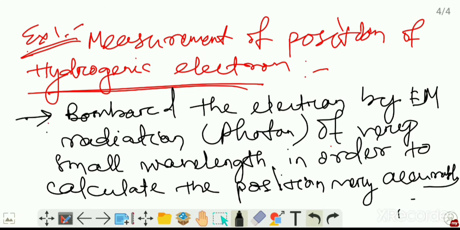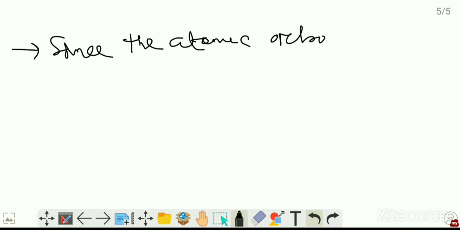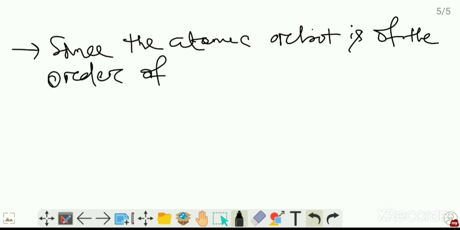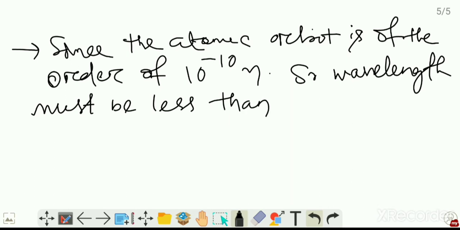Since the atomic orbit is of the order of 10 to the power minus 10 meter, the wavelength must be less than 10 to the power minus 10 meter.